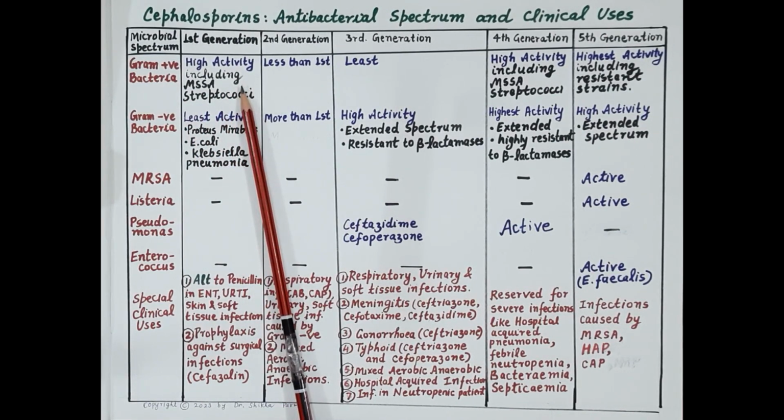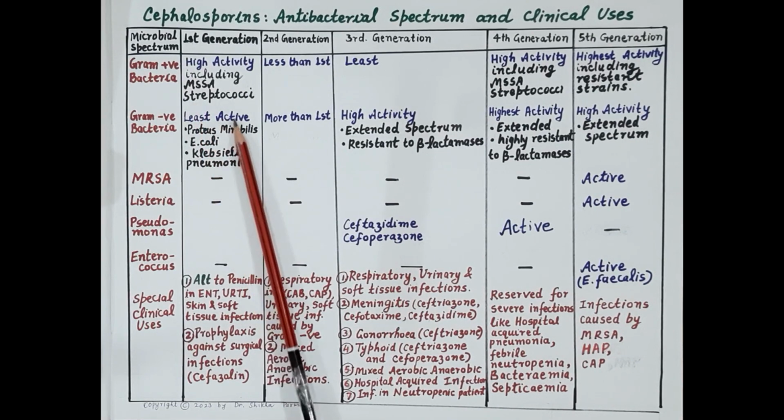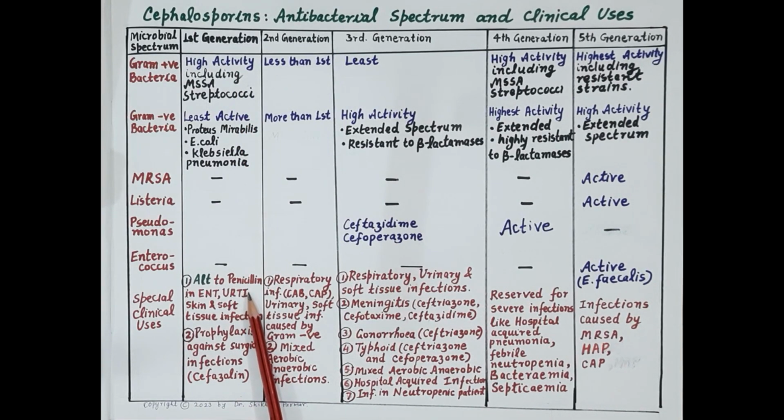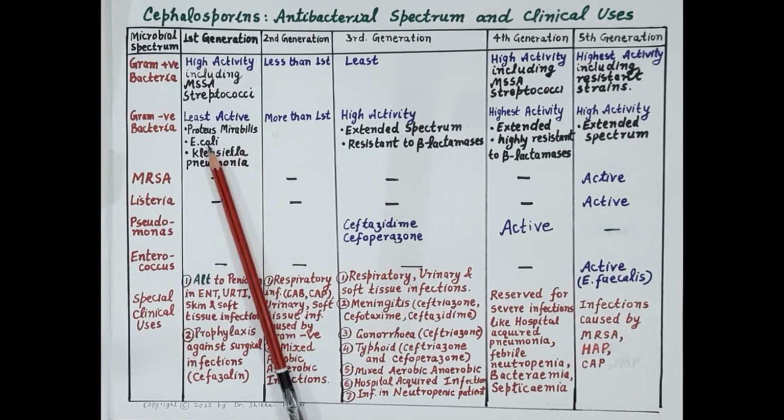So first generation cephalosporins are active against methicillin sensitive Staphylococcus aureus as well as streptococci. So these drugs are used as an alternative to penicillin. Now, in addition to this, these drugs also exhibit weak activity against some gram-negative bacteria like Proteus mirabilis, E. coli, Klebsiella pneumoniae.